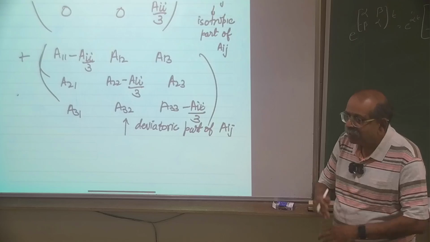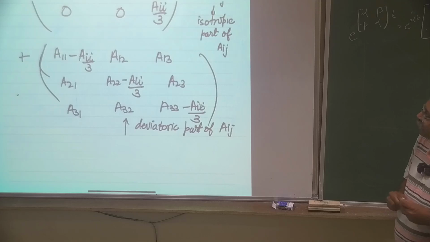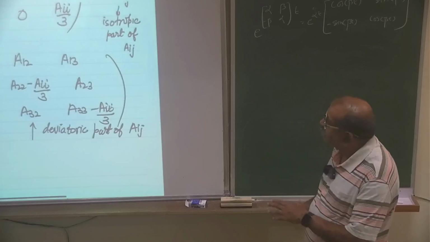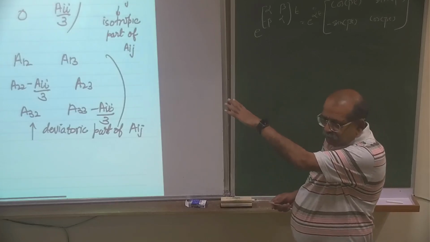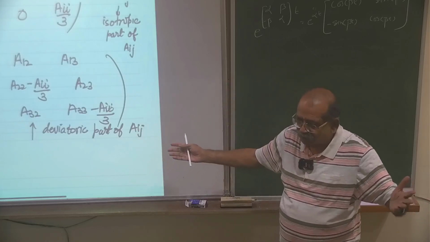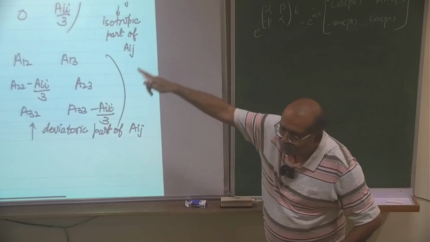Which are the 9 independent components? That's the question I am asking. Because AII is dependent on the other 9 components, right? So it's like pre-calculated in a way. Yes, but if I split into these two parts, I get AII by 3, that is just one constant, and there are 9 constants here.